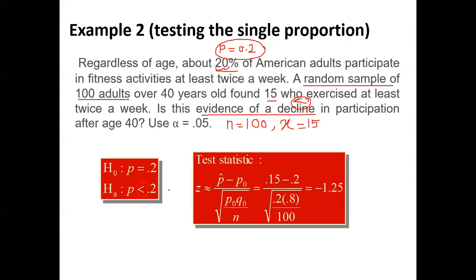So what is the second step? In the second step, we are going to compute the test statistic. This is the formula for the test statistic for a single proportion.